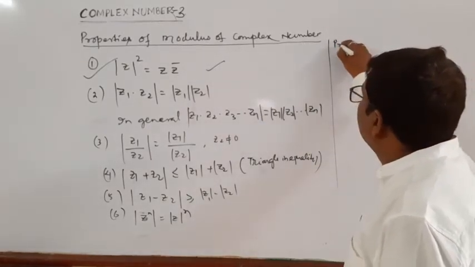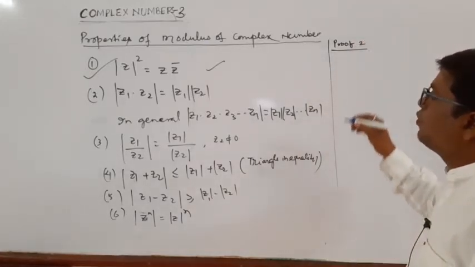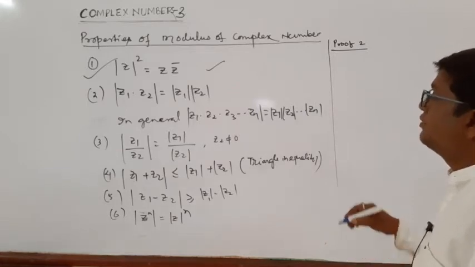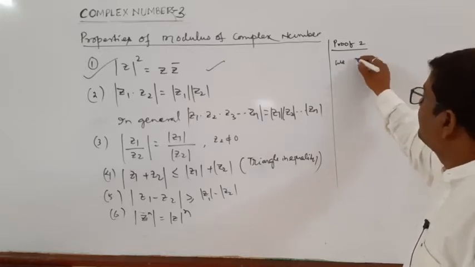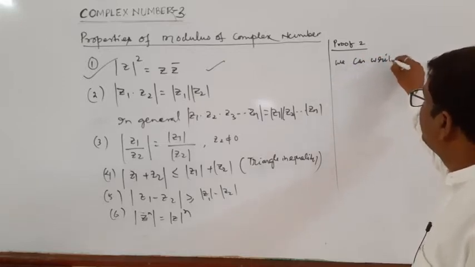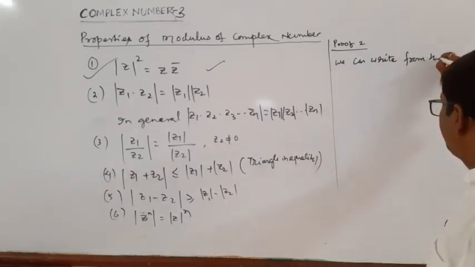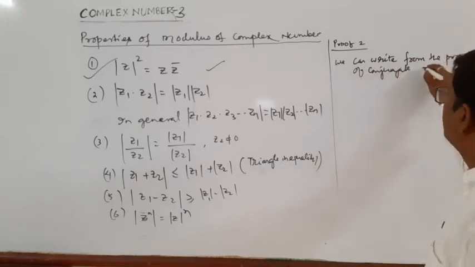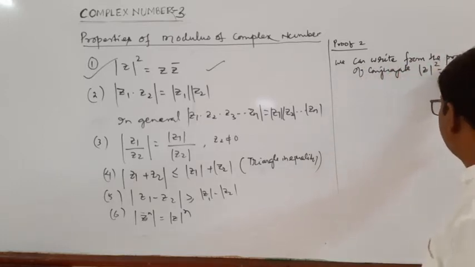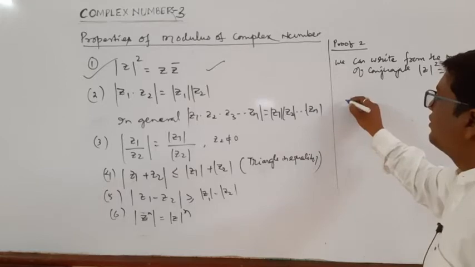So, proof of property 2: from the properties of conjugate, mod z square is equal to z into z conjugate. So this is property 1, that we use here.